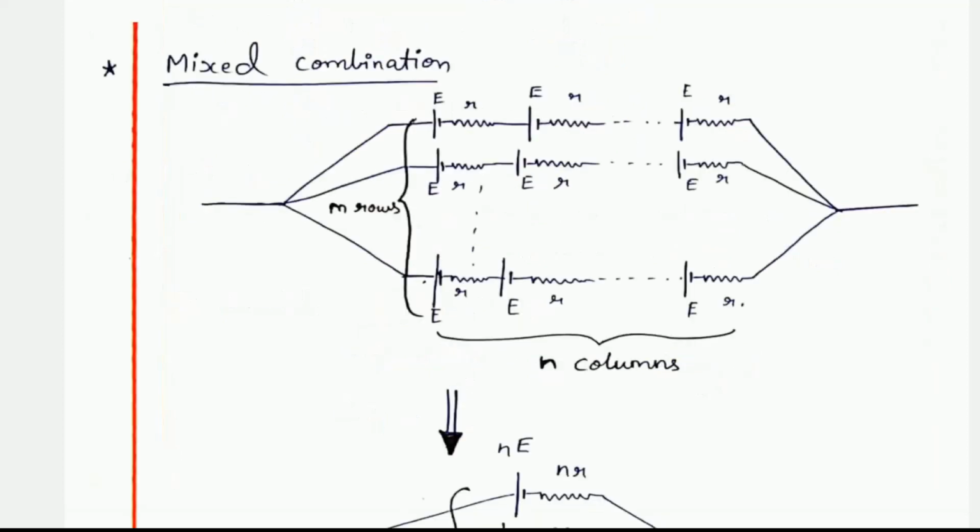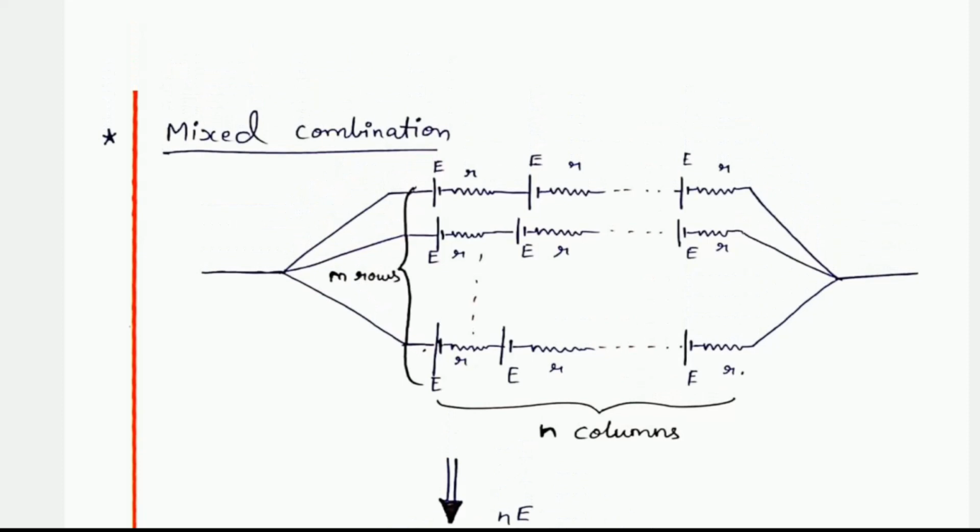Alright, next let us proceed to the mixed combination, where you have many cells arranged in a matrix format, that is, in rows as well as columns, and here we have taken them to be identical. So we will solve row-wise first.